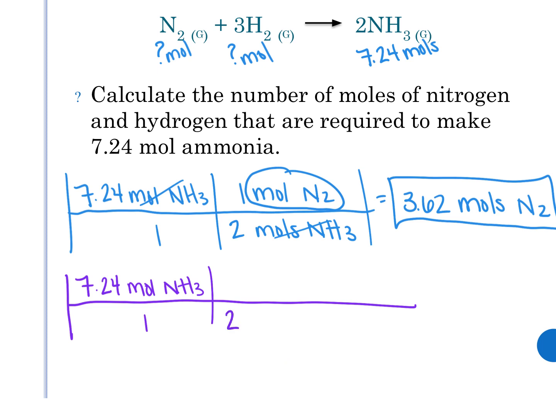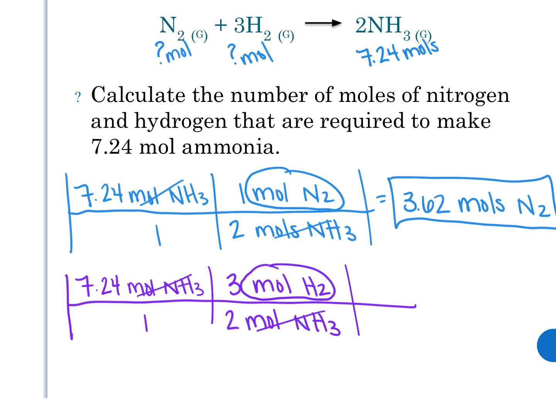For every 2 moles of ammonia, how many moles of hydrogen do you have to use? 3, and you just grab that from the coefficient. So moles of ammonia cancel. The only thing that doesn't cancel is moles of hydrogen.